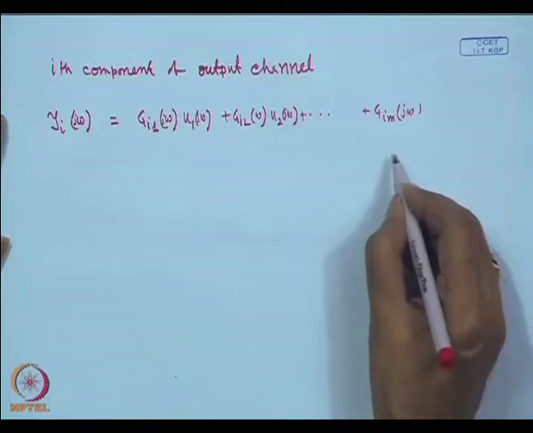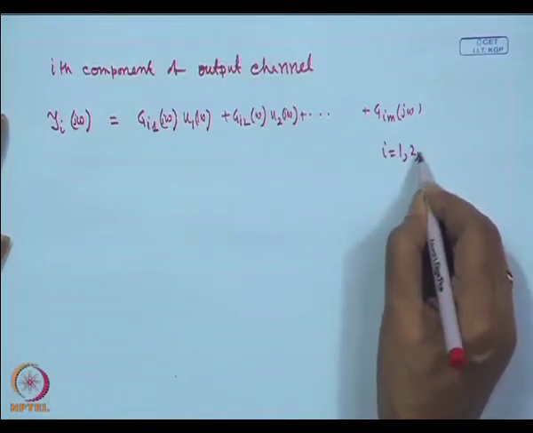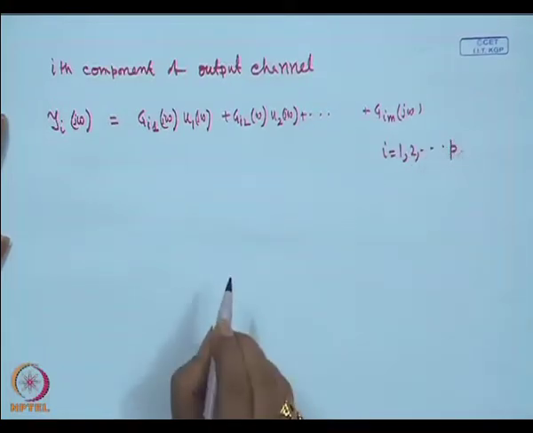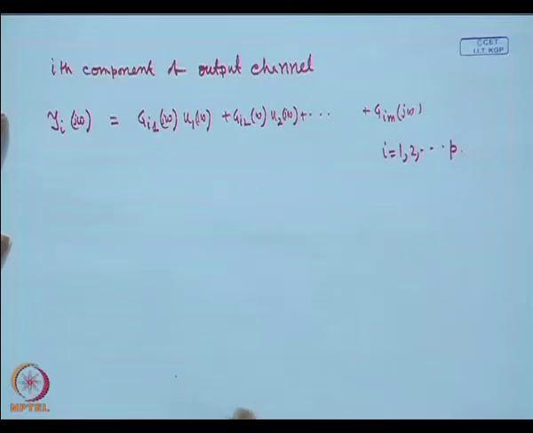So, this is the ith component, and i varies from 1 to P, because there are P output channels.